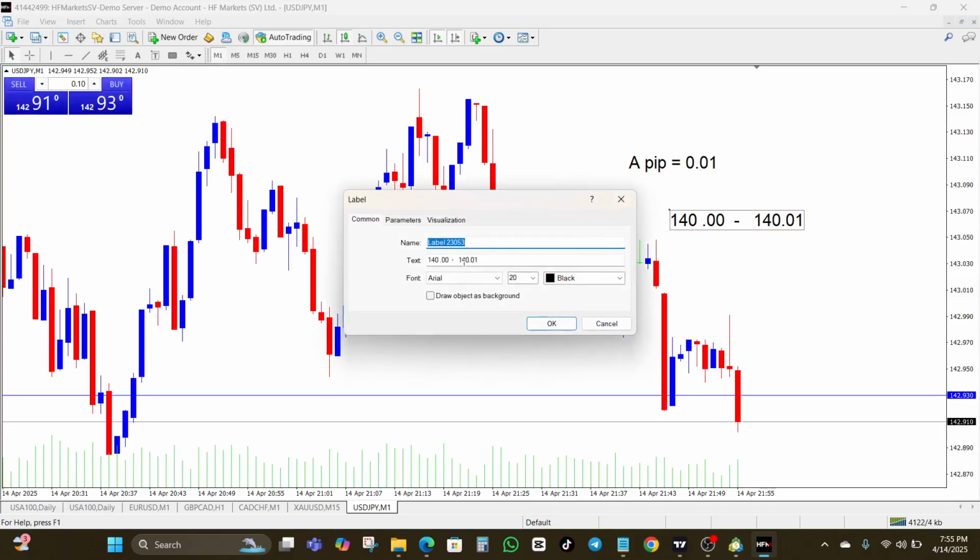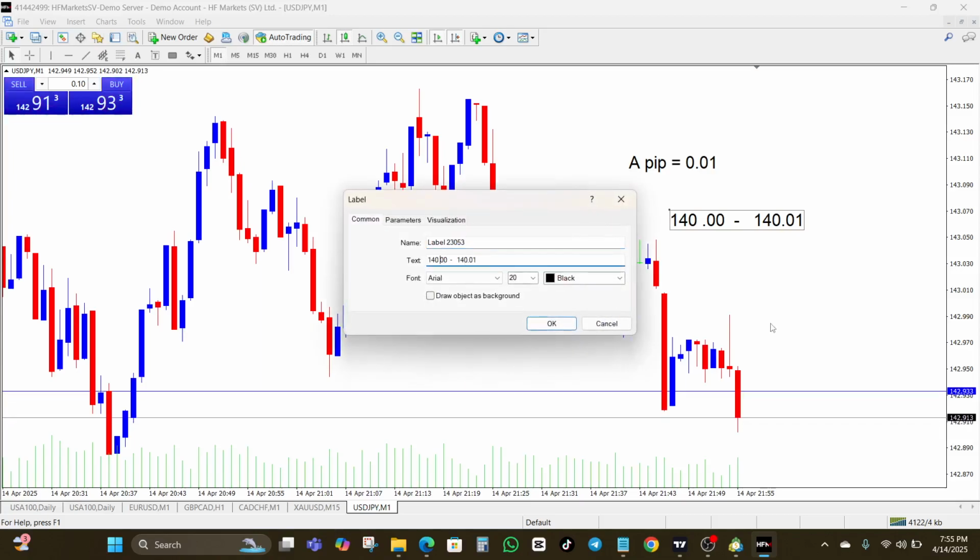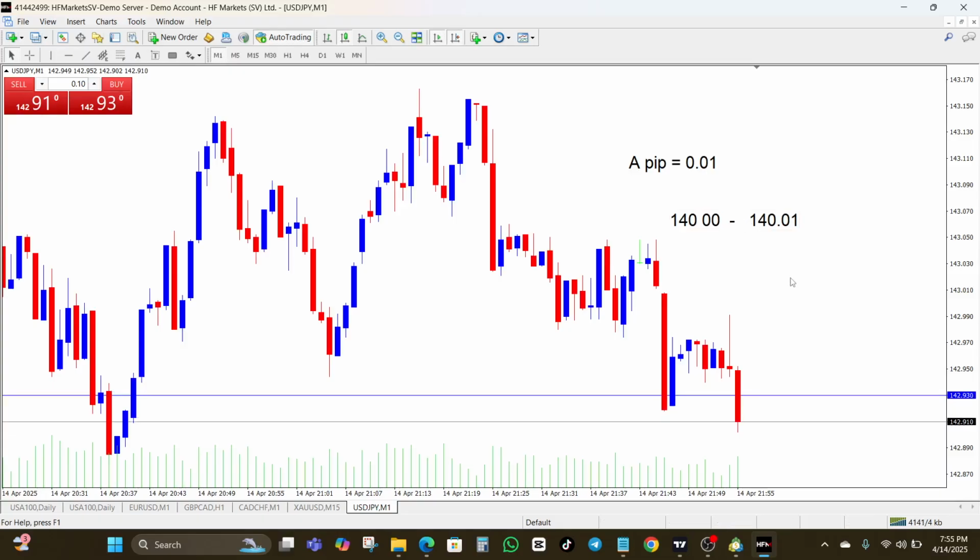This is a 1 pip movement for the Japanese yen pair. So you should know the difference.